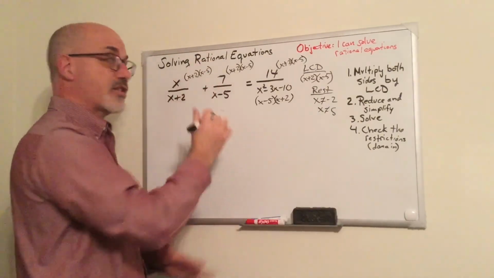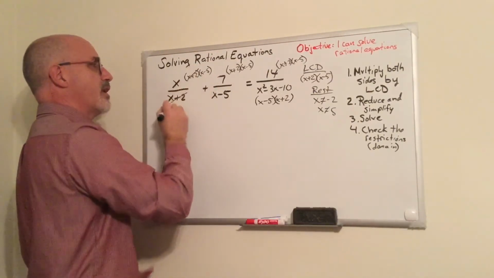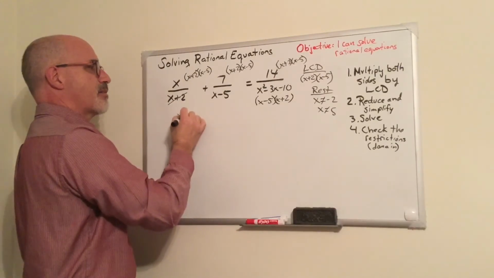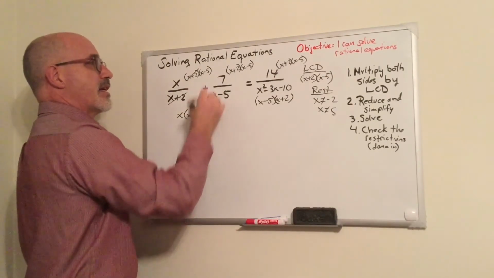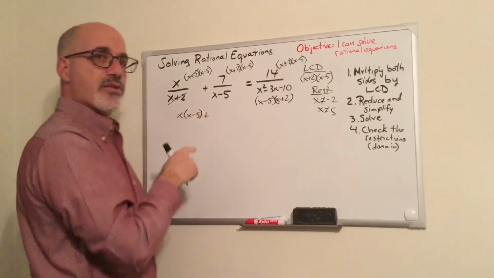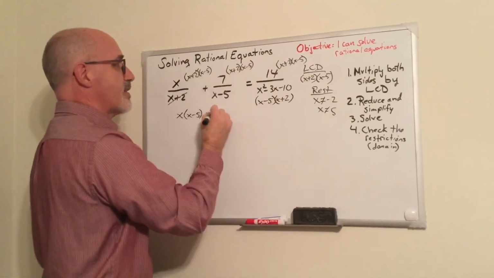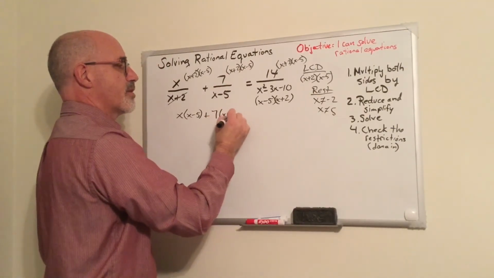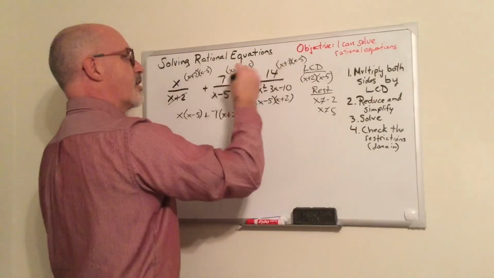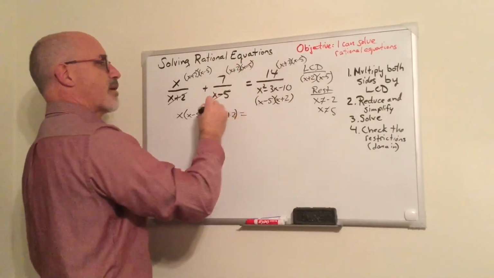Notice the x plus 2's reduce out. They equal 1. So I just get x times x minus 5. Here the x minus 5's reduce out, and so I'm going to just get the 7 times the x plus 2. And over here, let's show that reduced out.